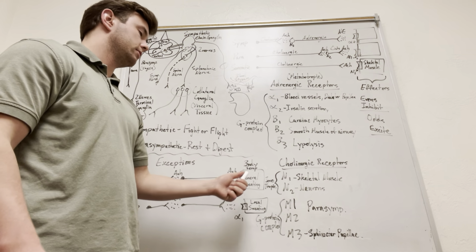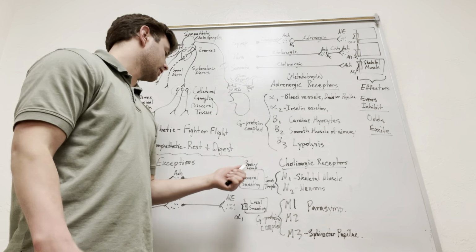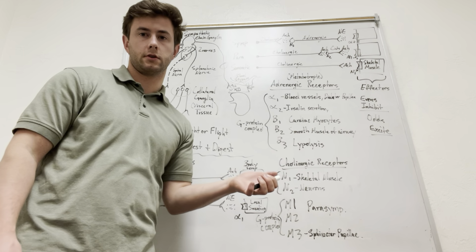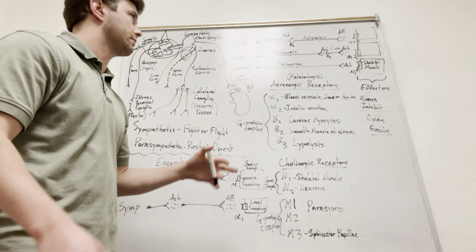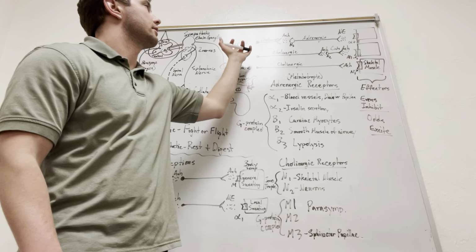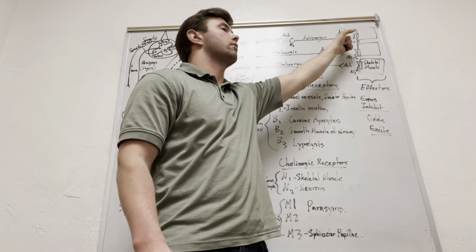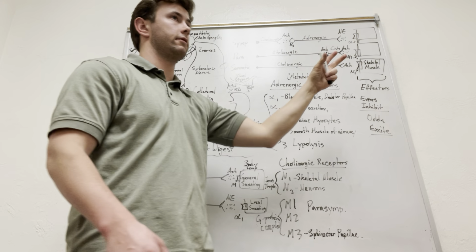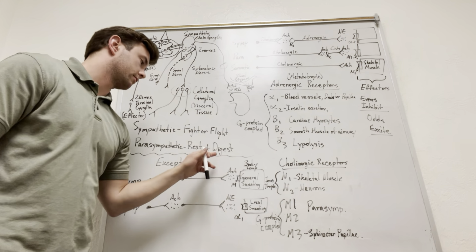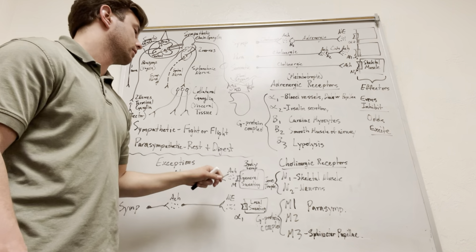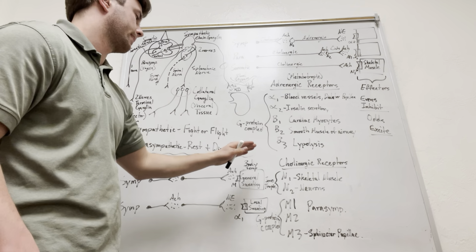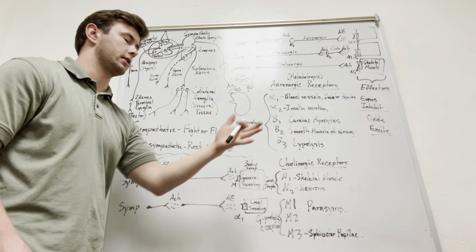And what that's going to do is cause you to sweat and regulate your body temperature a little bit. So that's one exception where in a sympathetic nervous system, we're not producing norepinephrine at the end to our effector. Instead, we're producing acetylcholine to our effector so that we can sweat and regulate our body temp.